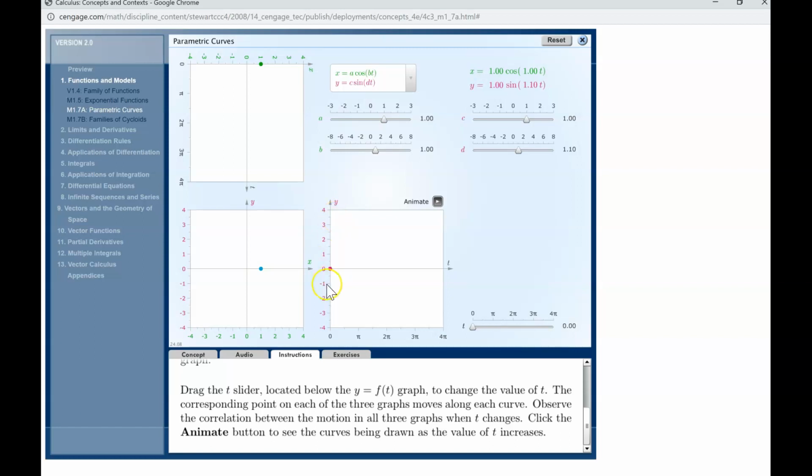It starts at 0 here on the y function of t. This graph is starting here, and then over here it's starting here. This is your parametric curve. As I move along, you can see that each particular graph is showing the particle's movement.